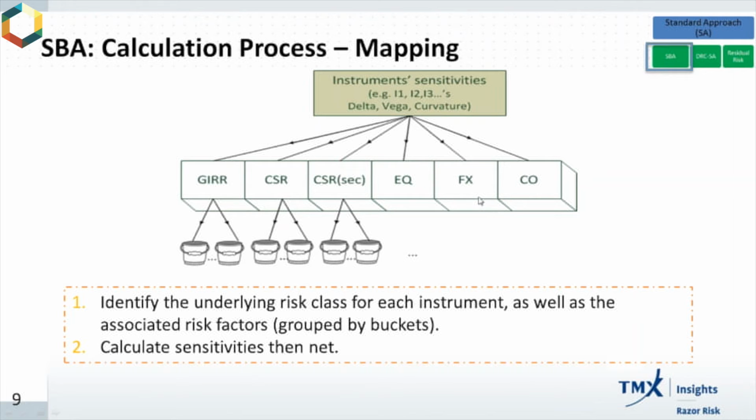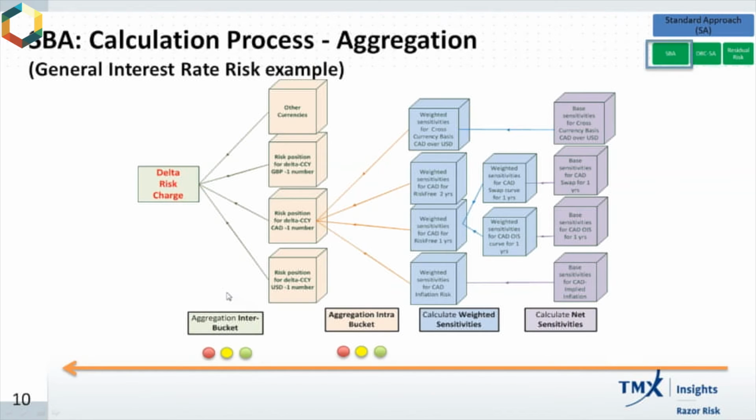So this is a mapping process. Basically you map down to the risk factor level and get its net sensitivity. Then this is the second part, aggregation for risk charge. The sensitivity-based approach is basically a variance-covariance approach. It needs correlation and risk weight to aggregate sensitivities to one number for the risk charge. So let's start the process in the graph.